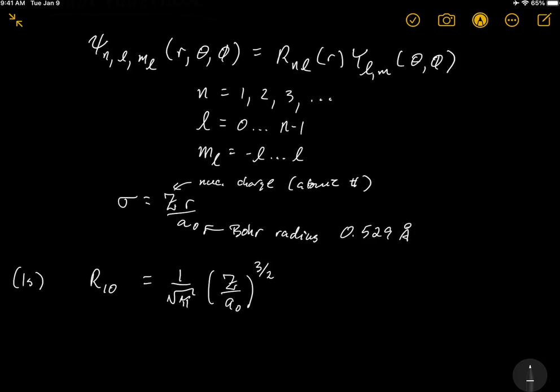Okay, but don't worry too much about that. Those are just part of the normalization constant, so those don't really affect the shape of the function. They're just what pops out when you normalize it. The important part is the actual shape of the function, which is given by e to the minus sigma.